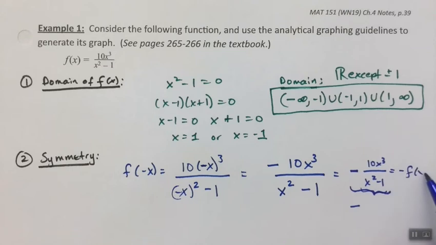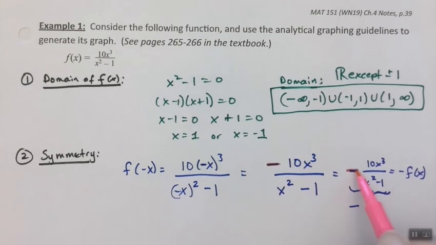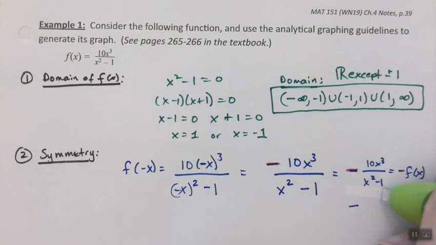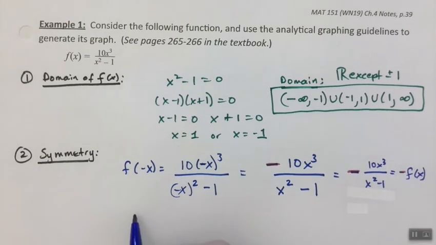Actually, let me write right here. Right? So I have the negative out in front right here. So this negative right here, that is the negative, and then the rest of it is my function already. So that means that my function is odd, right? So it's going to be symmetric with respect to the origin. So let me make a note.